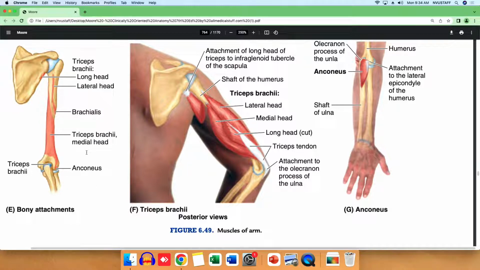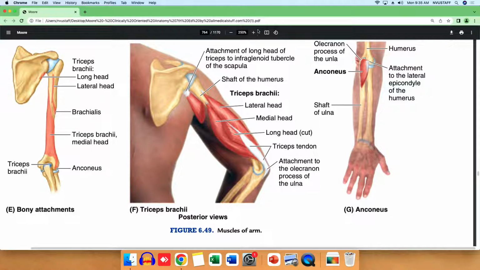Now, what about, you will say, the distal attachment? Sure, if we expect that the action of the triceps brachii would be extension of the forearm at the elbow joint, it should be literally crossing the elbow joint.